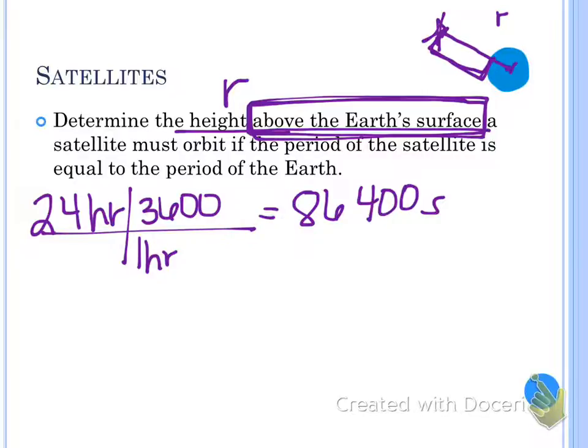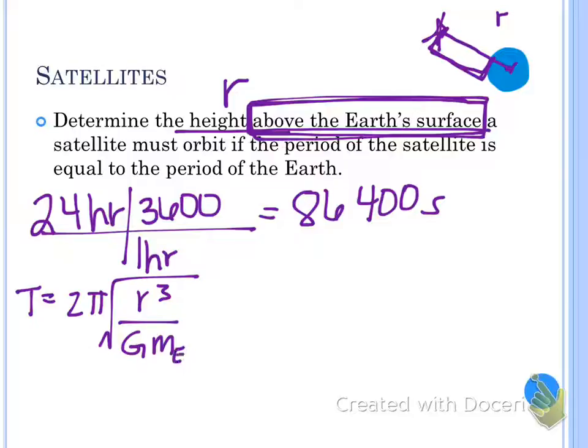So we want to solve for the radius using the equation for the period of a satellite. T equals 2 pi square root of r cubed over G M Earth. We know the period, we know 2 pi, we know G, and we know the mass of the Earth, so we're solving for r.